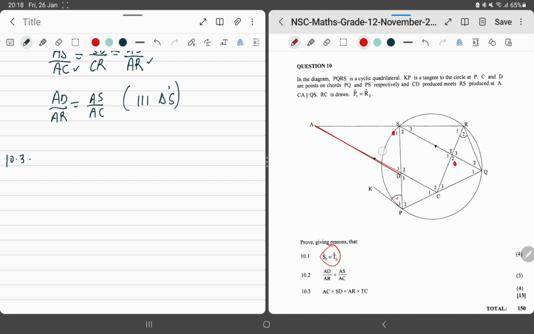10.3. AC is that length, okay? SD is that length, okay? And then I have AR, and then TC. Let's look at this triangle.